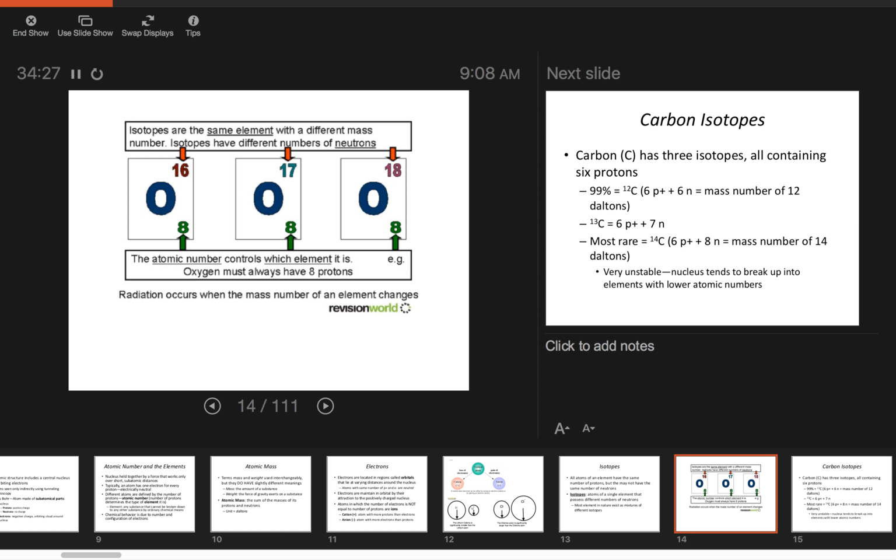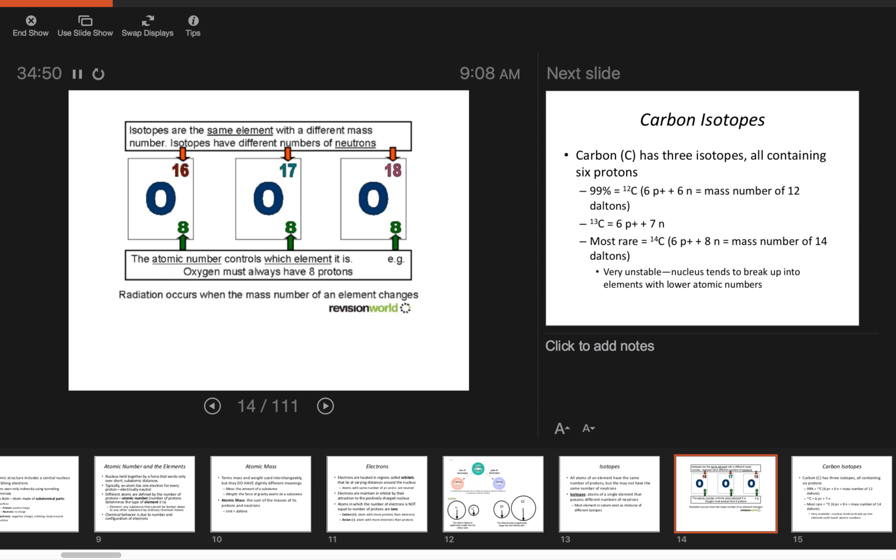They all have the same number of protons. So I can figure out how many neutrons each one of these isotopes has. How many neutrons does this one have? 8. You took 16 minus 8 to get 8. How about this one? It's 9. 17 minus 8 is 9. And for oxygen 18? 10. 18 minus 8 is 10.